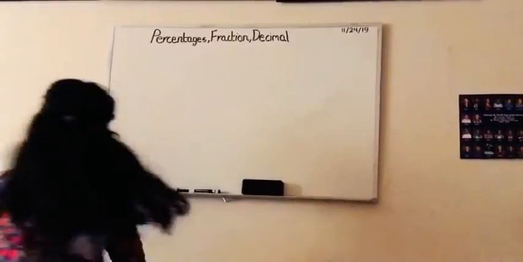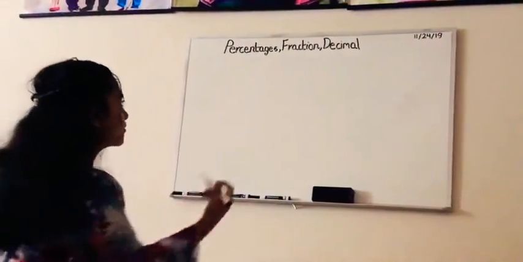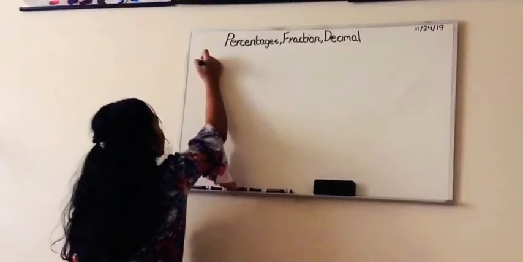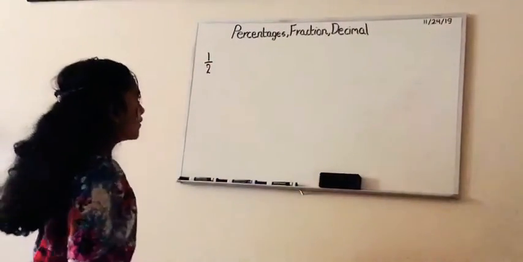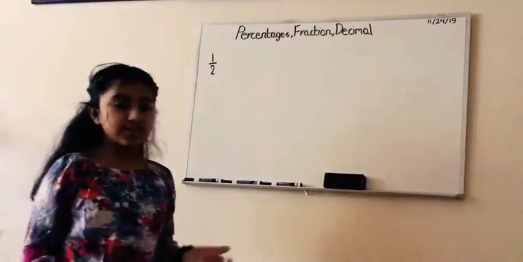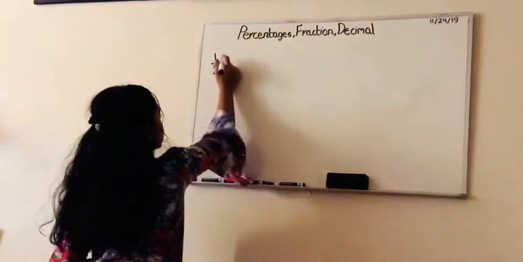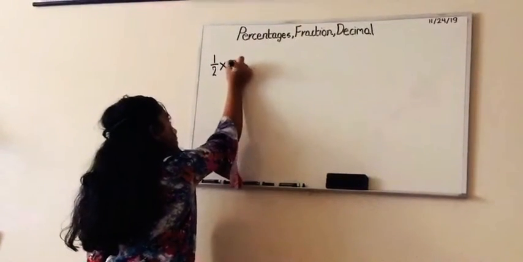The first thing we'll do is just write out a question like 1/2, for example, and we want to turn this into a percentage. So the thing we'll have to do is multiply 1/2 times 100%.